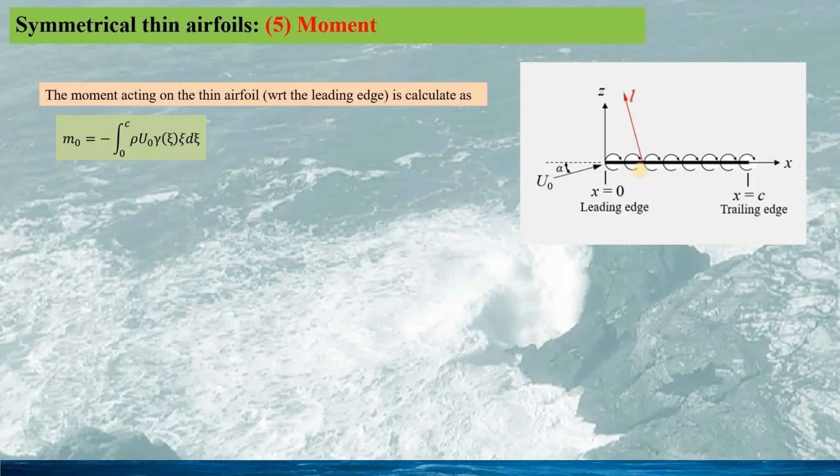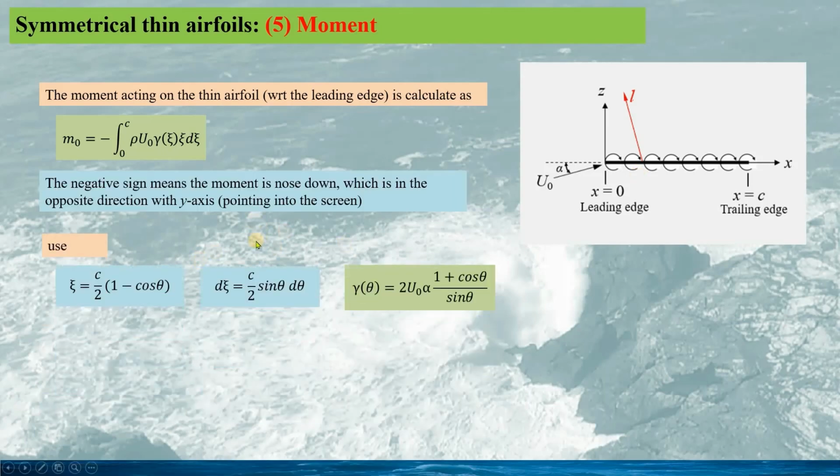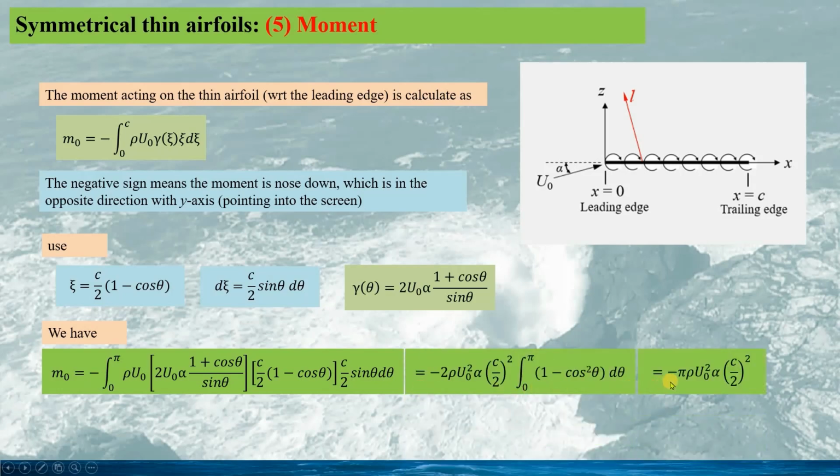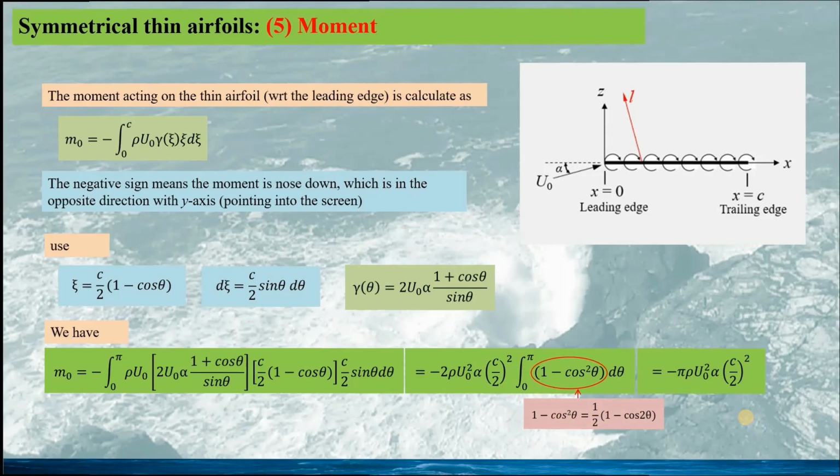In this plot, it is pointing into the screen. Using the following relation and the vortex expression, we could calculate m0, and we have the expression as this. So this will lead to a result as this. Here, again, the trigonometric relation given as this is used.